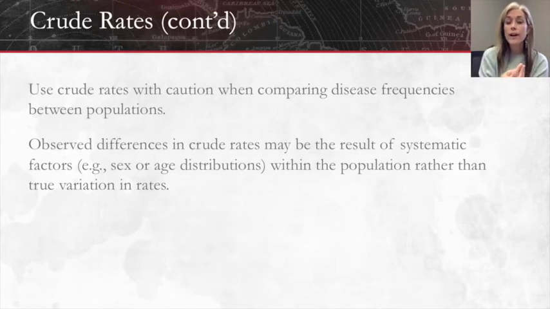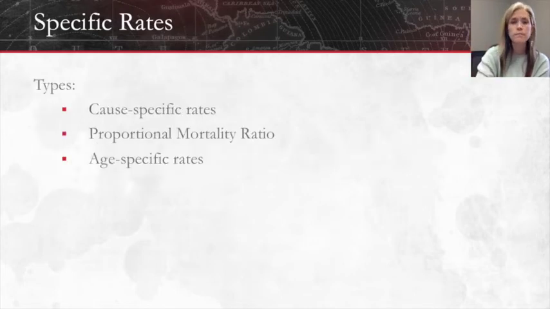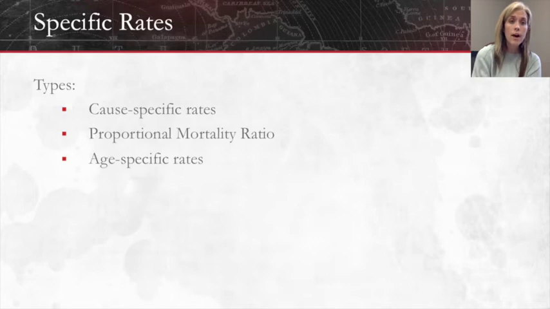And so crude rates, while a really good start in comparing populations, what happens when populations start to vary, okay? And so that's when we're really going to start talking about adjusted rates. Before we talk about that, though, I do want to briefly mention specific rates.